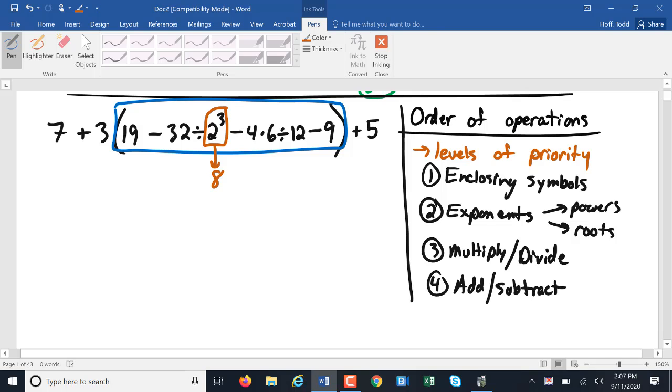Everything else in the problem has to be rewritten exactly how it is. So the way I usually do it is I put the piece that I'm combining in a box. Everything outside that box has to be rewritten. So I hit the box there, I jump over to the other side.